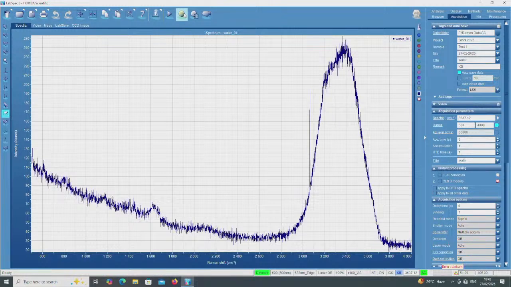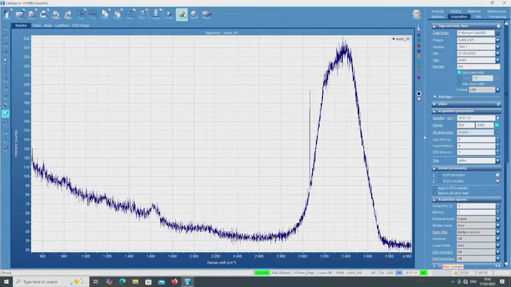Can you please explain again? Yes. So yesterday, do you remember the black spectrum is the water spectrum.